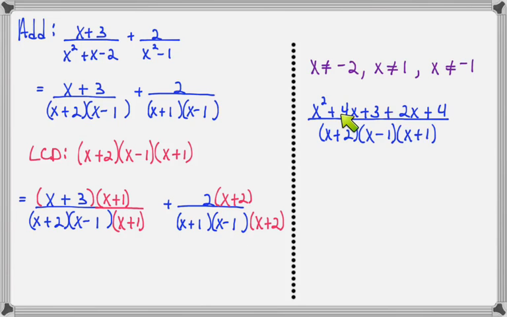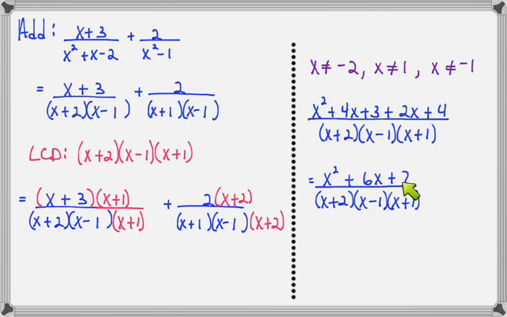Now this top has lots of like terms that need to be combined. So let's keep our x squared. 4x plus 2x is 6x. And 3 plus 4 is 7. And then the denominator is the same three factors we found for our common denominator.